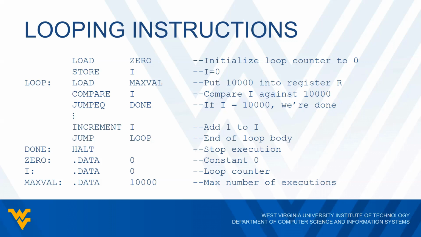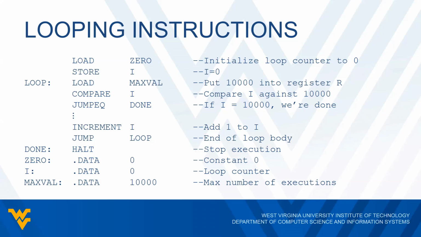So load 0 means that we're going to initialize the loop counter to 0. So we're going to store the value 0 into our register, and then store I means we're going to take that value that's in the register and store it into I. So that's how we store 0 into I. Yes, I know we initialized the 0, but let's just go with it anyway. And then we're going to load the max val.